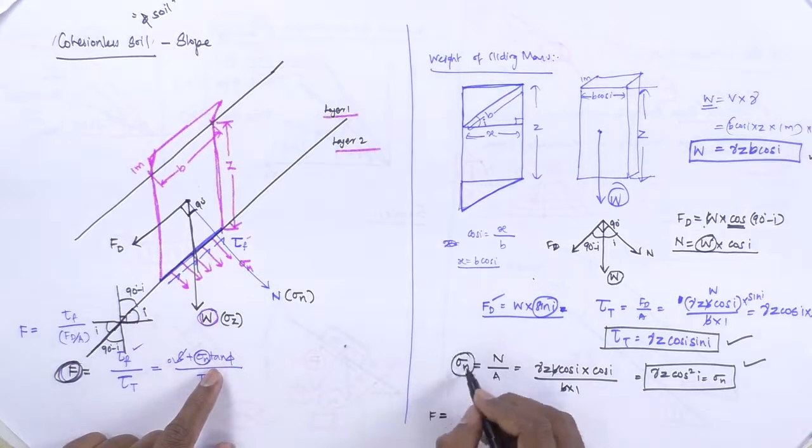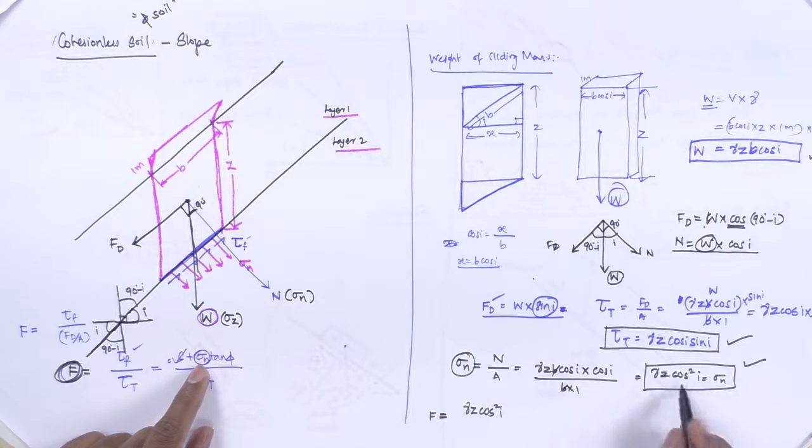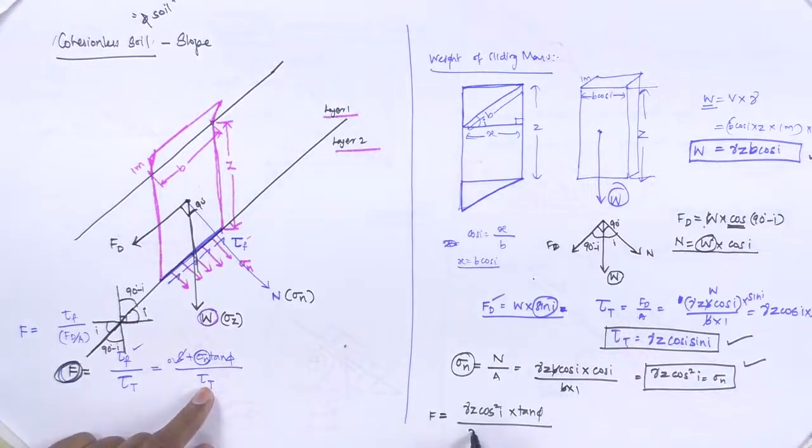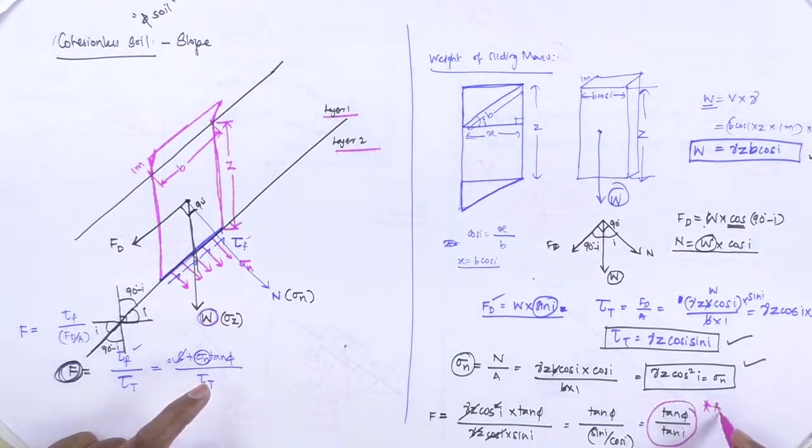The sigma n value in terms of stress is gamma z cos square I, so it is gamma z cos square I into tan phi divided by gamma z cos I and sin I. So cos gets cancelled, giving tan phi divided by sin I over cos I. This can be simply written as tan phi divided by tan I. Never forget this, very important. So F equals tan phi divided by tan I.